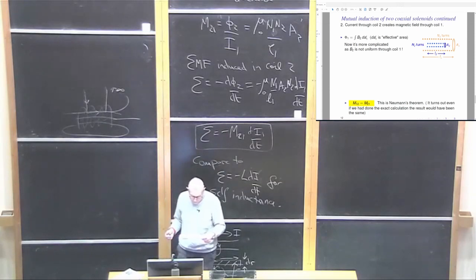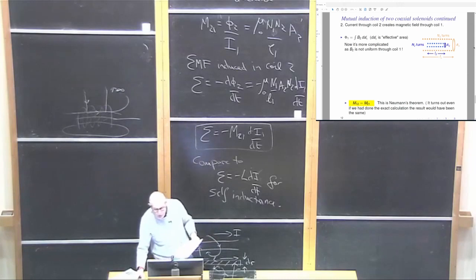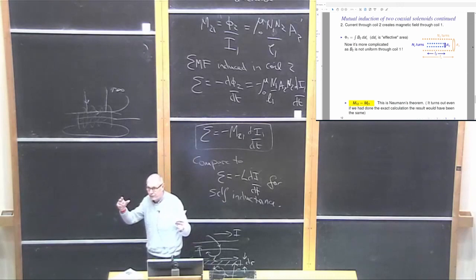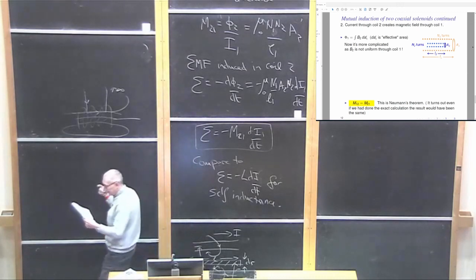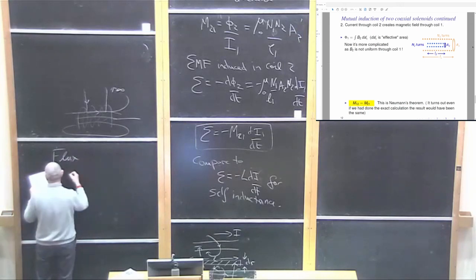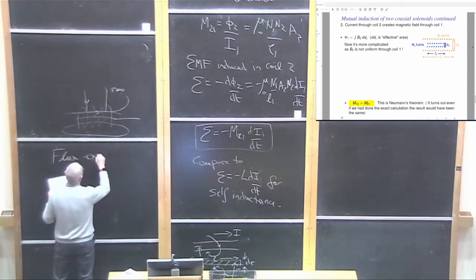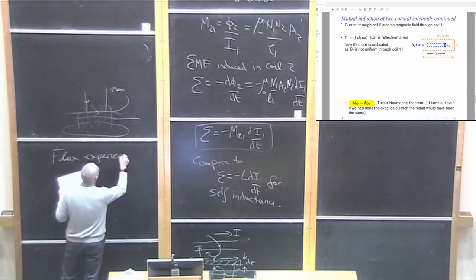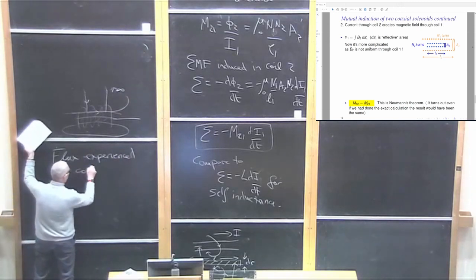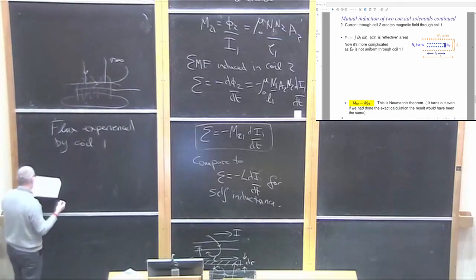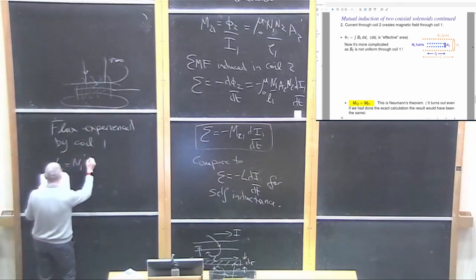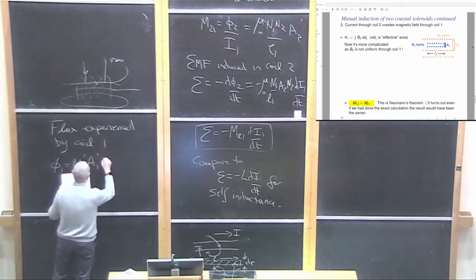Anyway, it's just much more complicated to go the other way, because before the field was completely enclosed within the inner coil. But let's do it anyway. The flux experienced by coil 1 is just phi 1 equals N1 prime, A1 prime, B2.